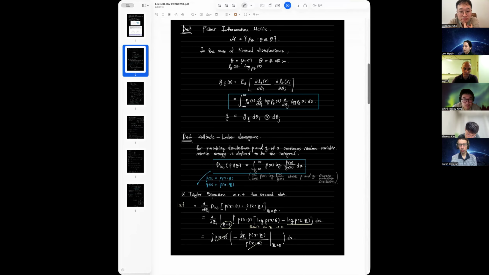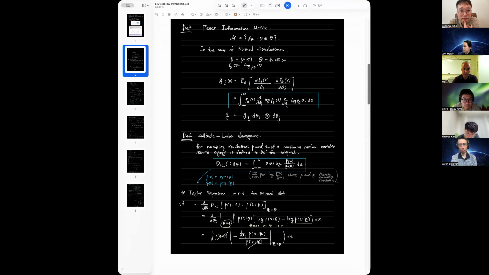Next, I will explain the definition of KL divergence. Let p(x; zeta) be the first density and p(x; xi) the second density.